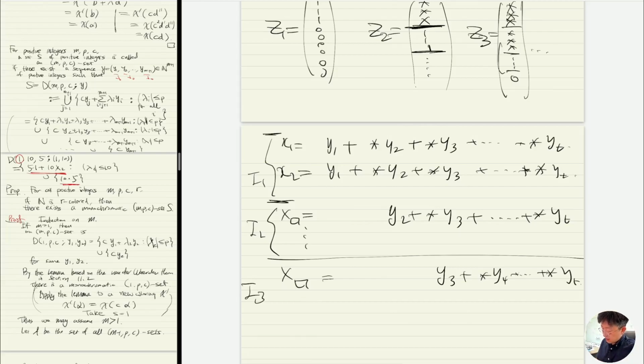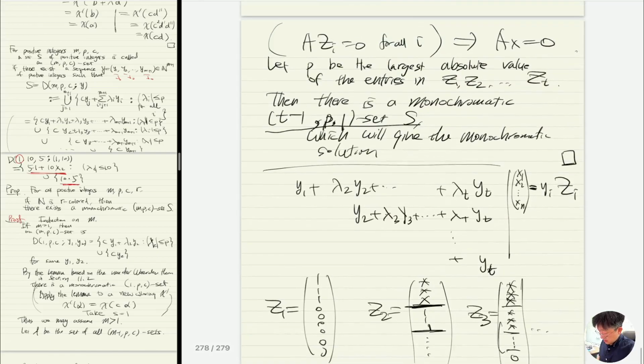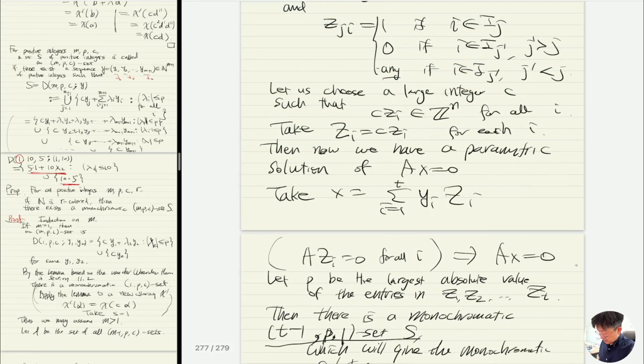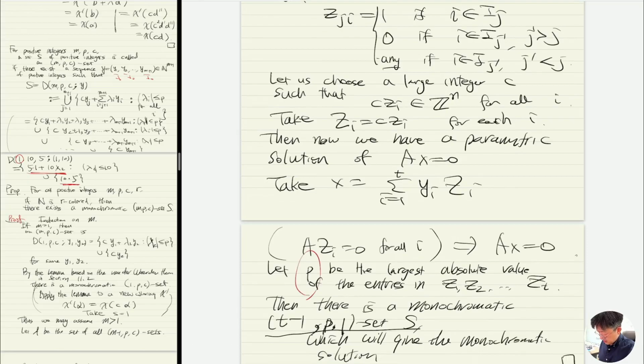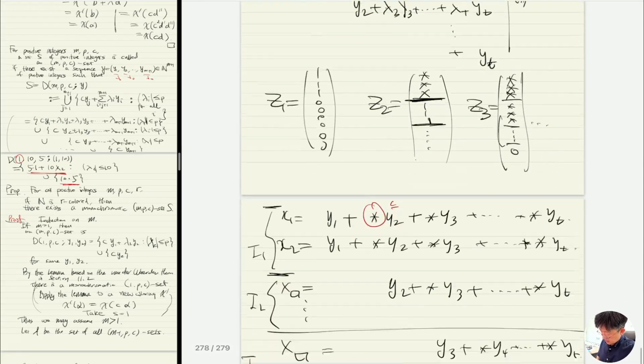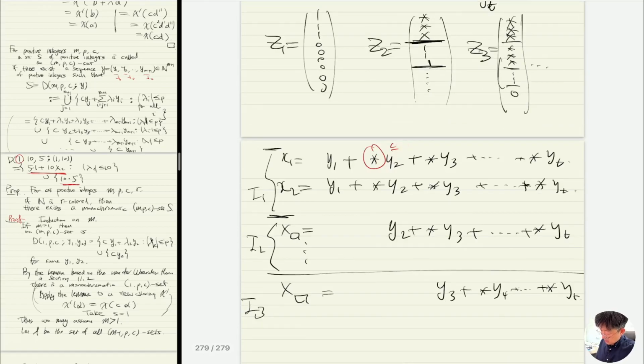And all these star entries have absolute value at most P. So all these values have absolute value at most P. And this is a formula for the general solution of this thing.